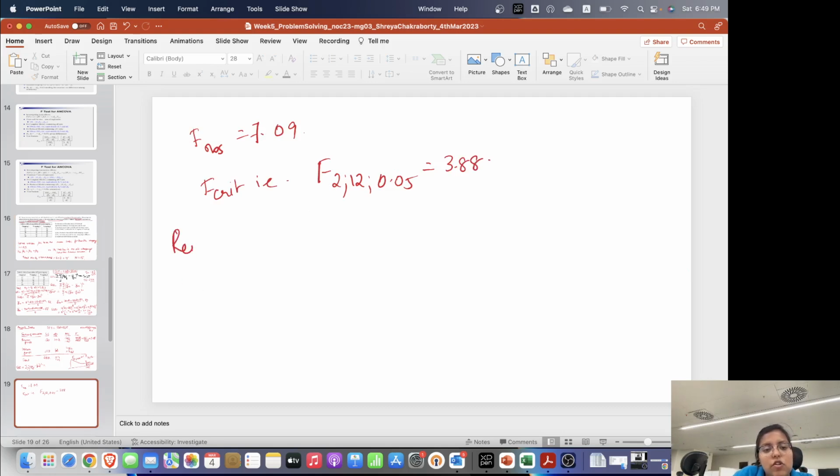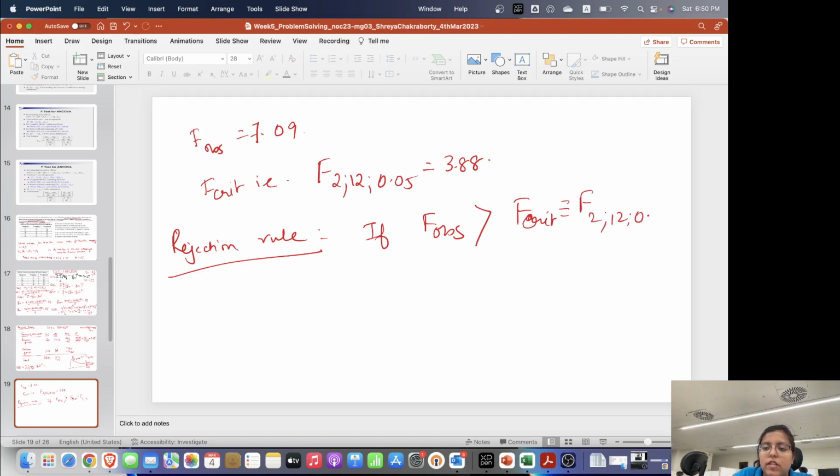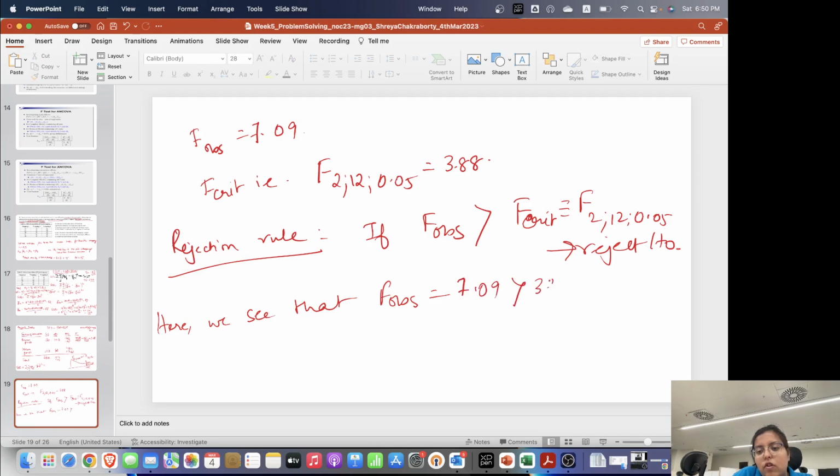So our rejection rule was: if F observed is greater than F critical, or F2,12 at 0.05, then we are going to reject H naught. So here we see that F observed 7.09 is greater than 3.88, which is equal to F critical.